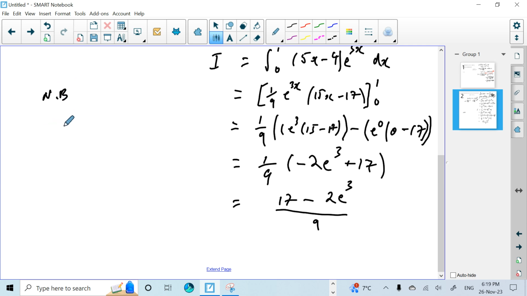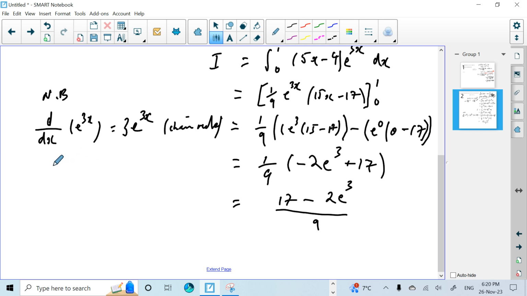Please note, the derivative d/dx of e to the 3x, of course, is equal to 3e to the 3x. And that's via the chain rule. Yeah? That's via the chain rule.